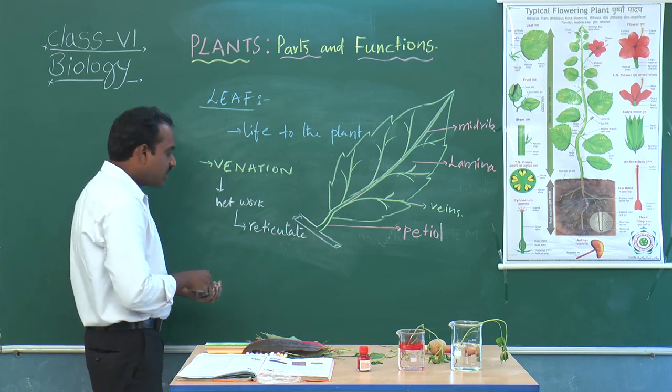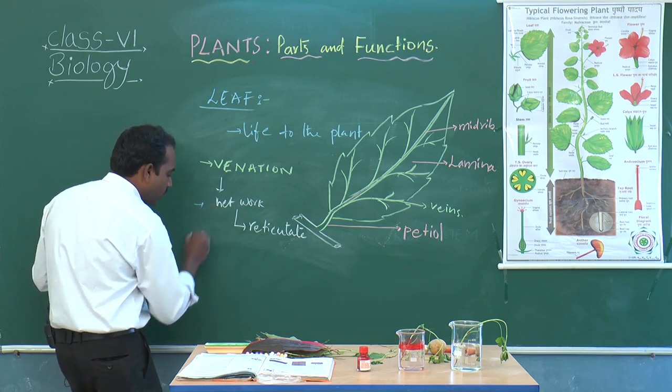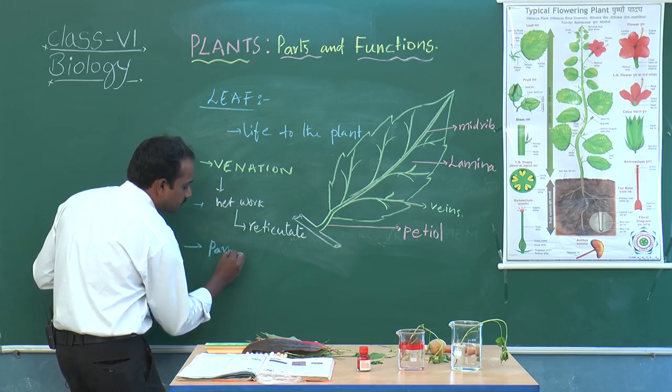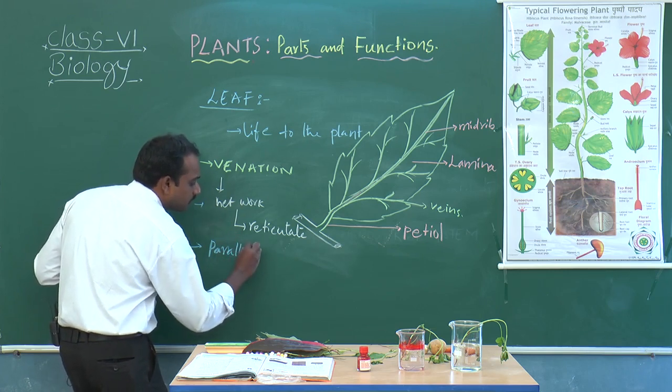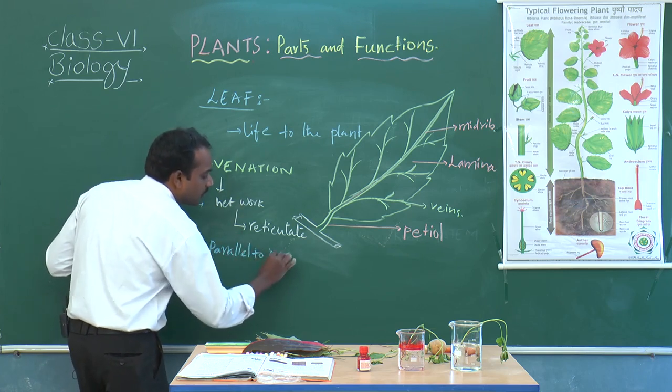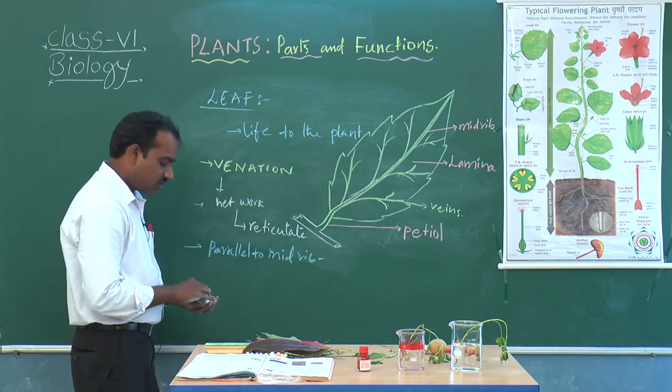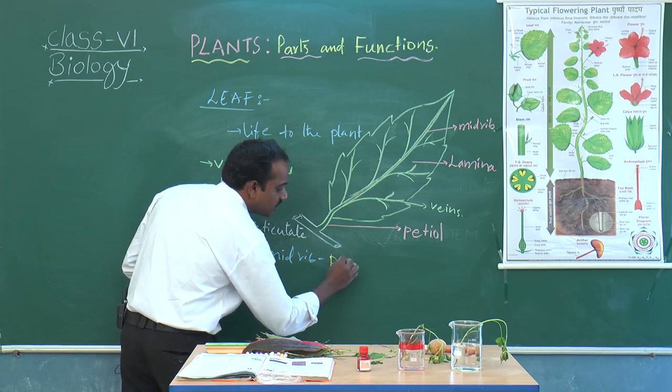Whereas if the veins are arranged parallel to the vein, such type of venation is called parallel venation.